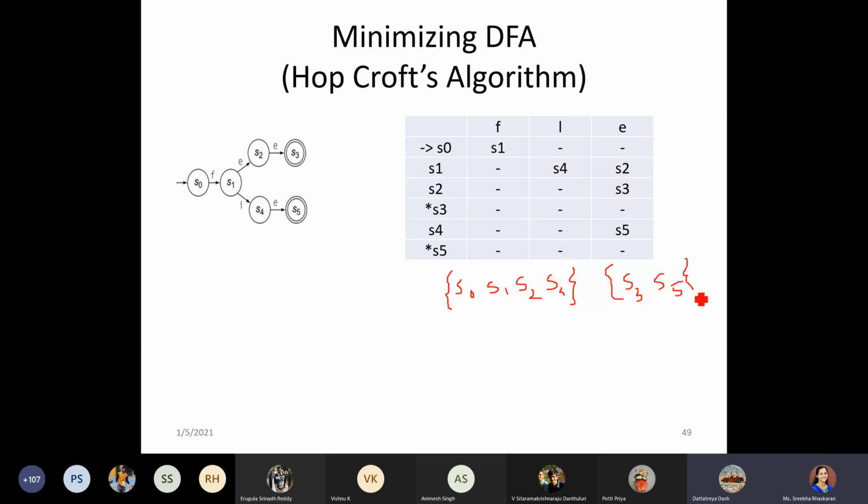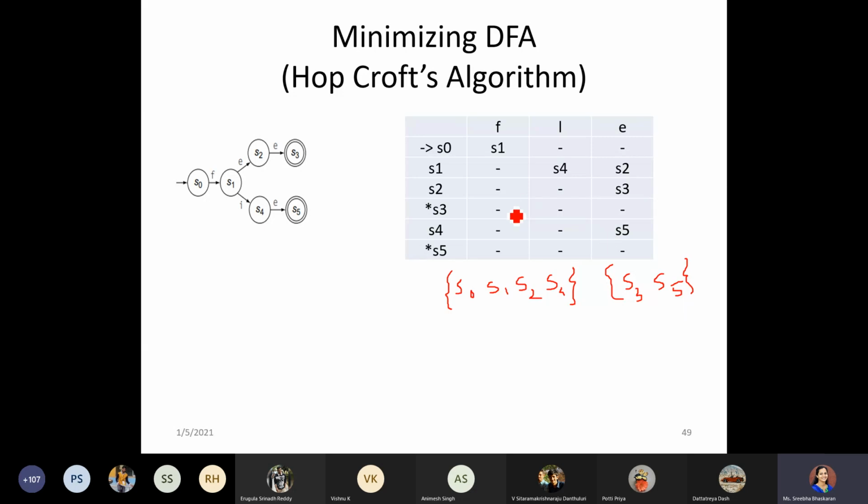Okay. So since it is only two states we have, if I pick these two states now, S3 with respect to S5, we have to see whether S3 and S5 will go together or not.